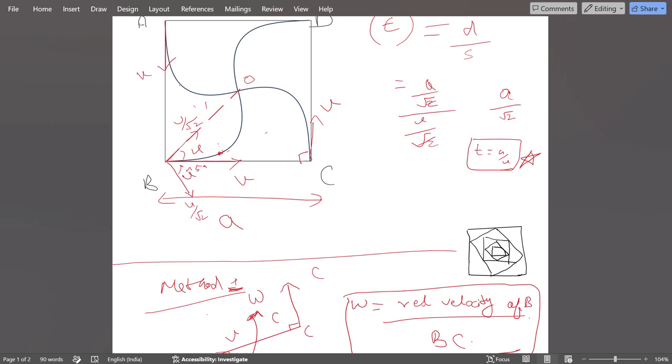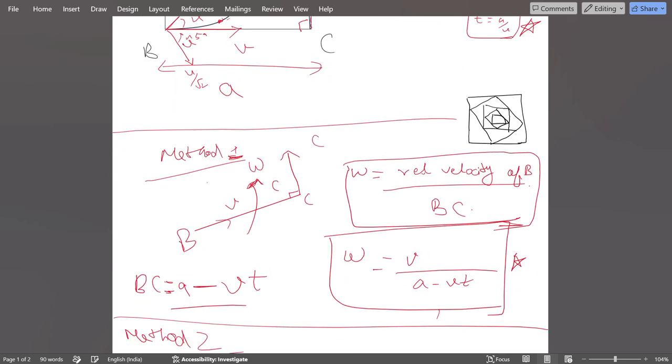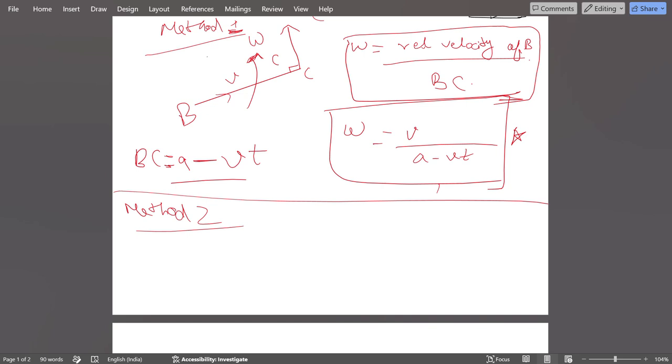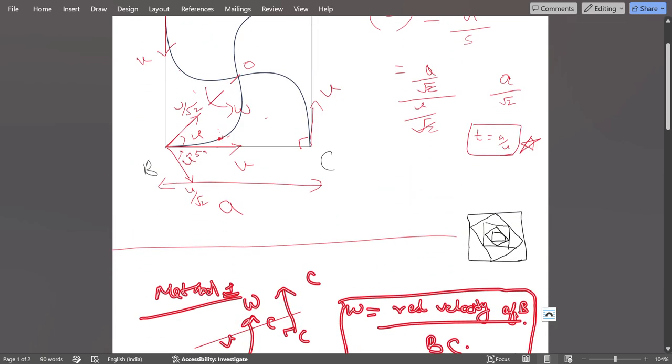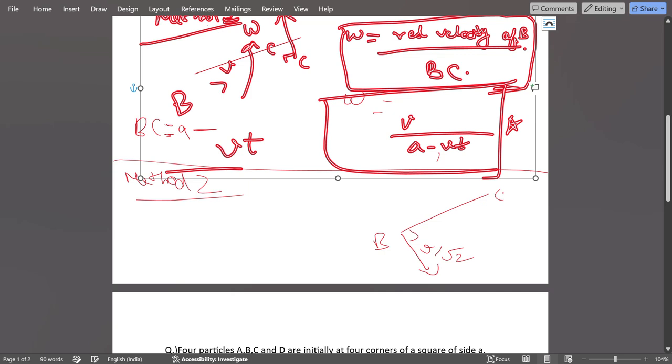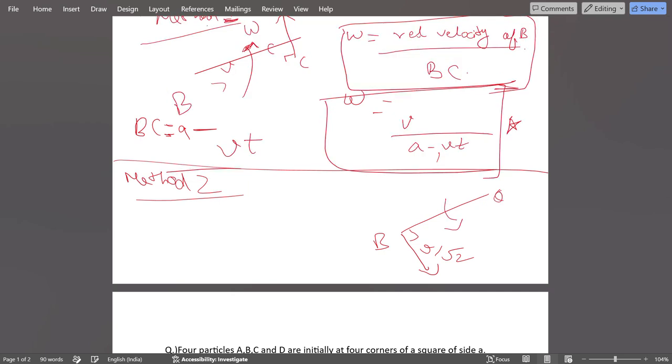We are calculating omega, the rotating speed. It's from the center. So omega is the relative velocity upon the length.